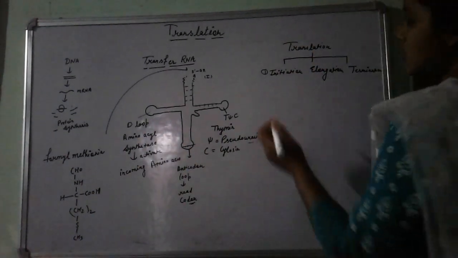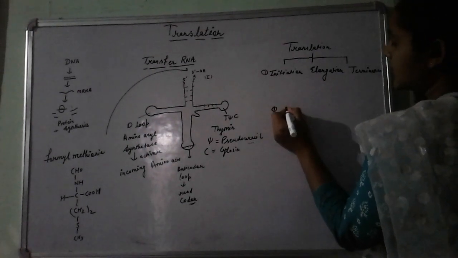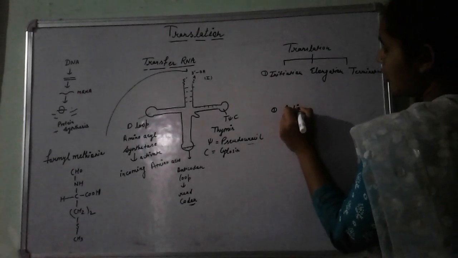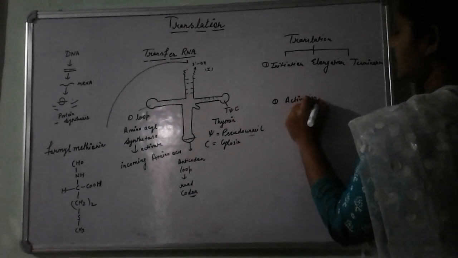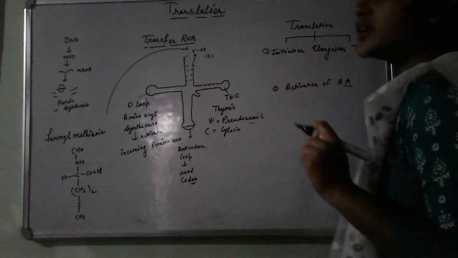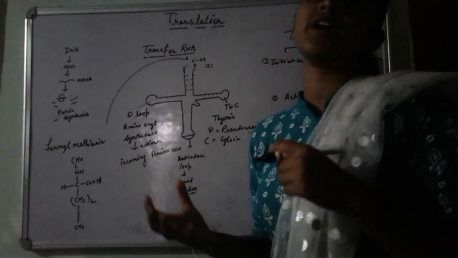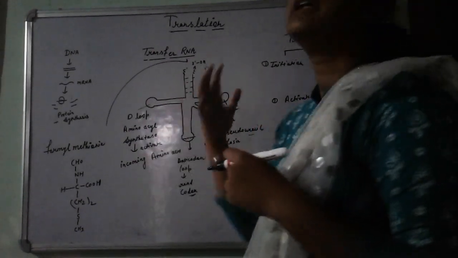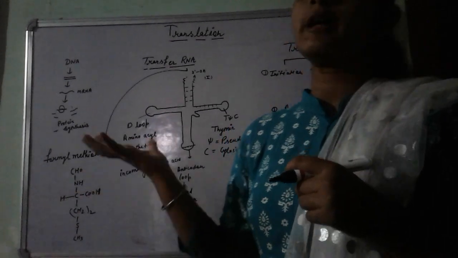So first of all, the first step is activation of amino acid. We have to activate this amino acid because this activated amino acid attaches with the 3' OH of transfer RNA.